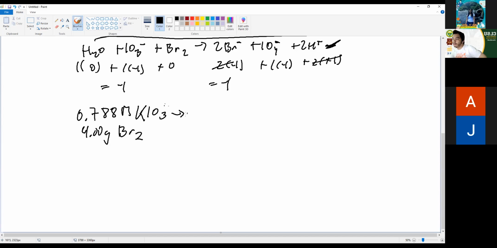So, ang tanong, ilang volume daw ng potassium iodate ang magre-react with bromine?